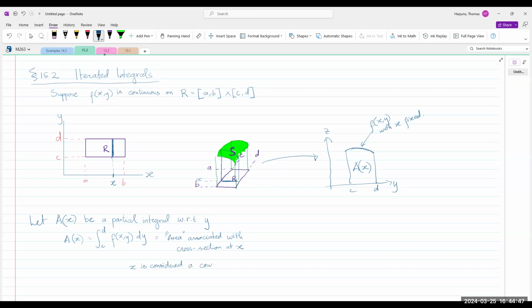Just like when we do partial derivatives with respect to y, we consider x as a constant.